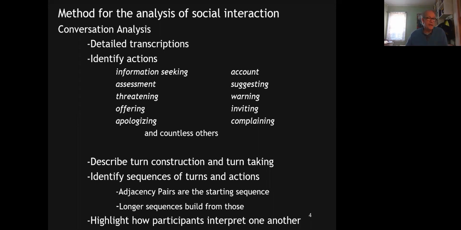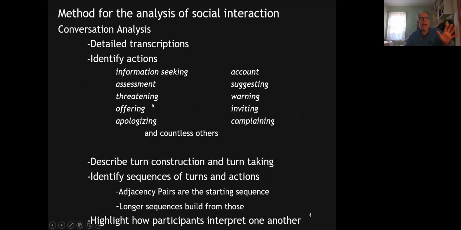Teachers ask questions all the time where they're not really seeking information. They know what the answer is. What they're doing is trying to elicit a display of student knowledge. So question answer is a nice shorthand for an adjacency pair, but questions have different kinds of actions sometimes. So you want to think about breaking those down.